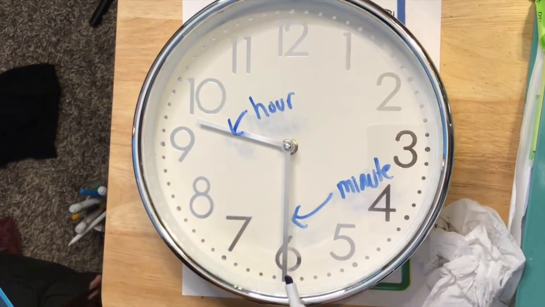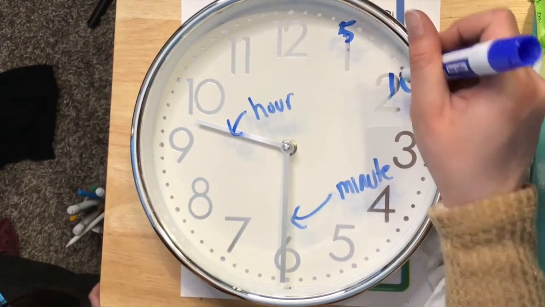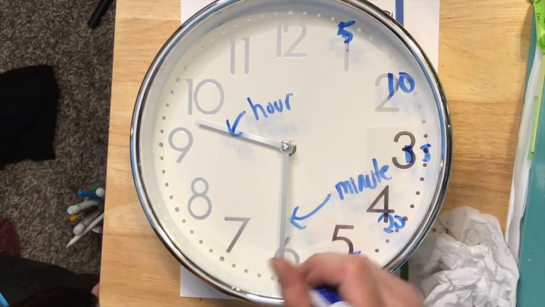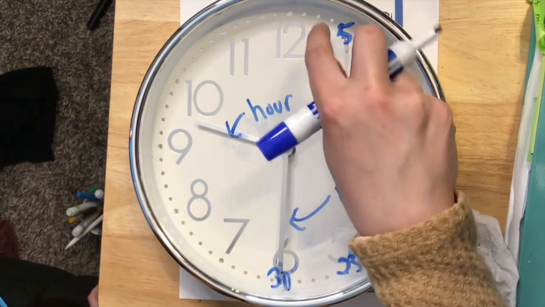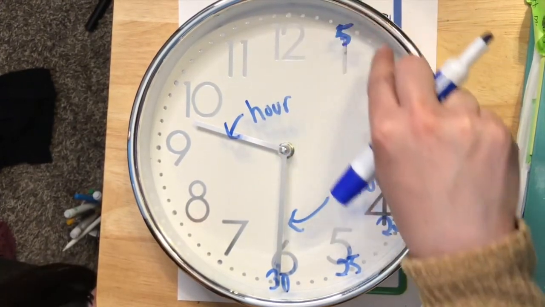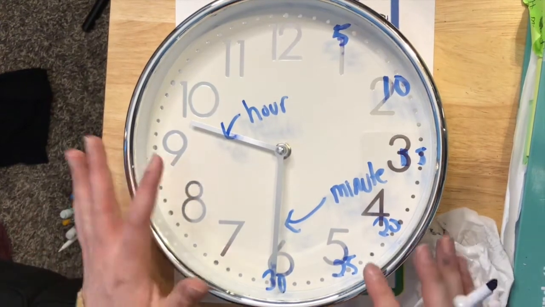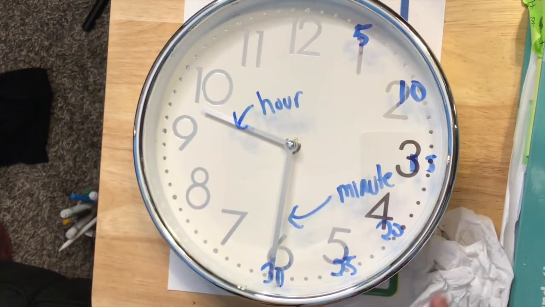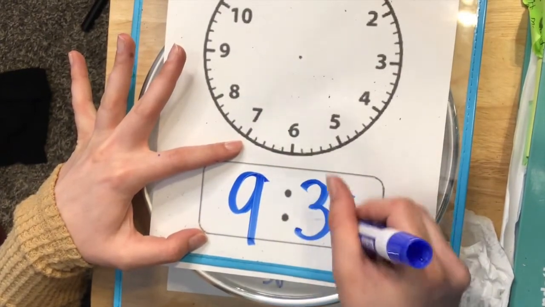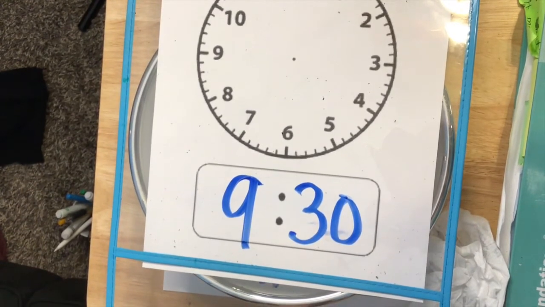Then let's count and see where that minute hand is pointing. We start at the 12 and we count by 5. So we say 5, 10, 15, 20, 25, 30. It is half past 9 o'clock. And the way we would write that on the clock is 9:30, just like so.